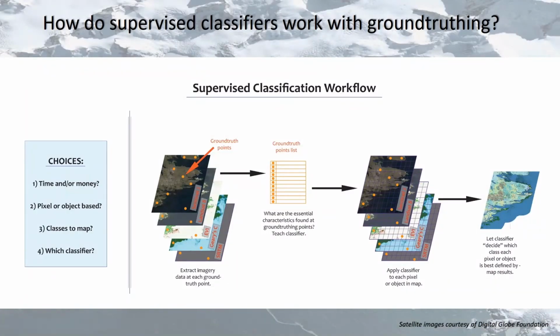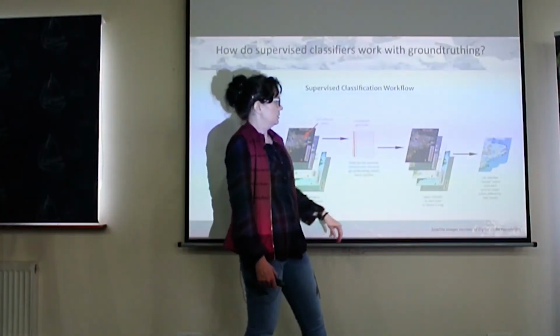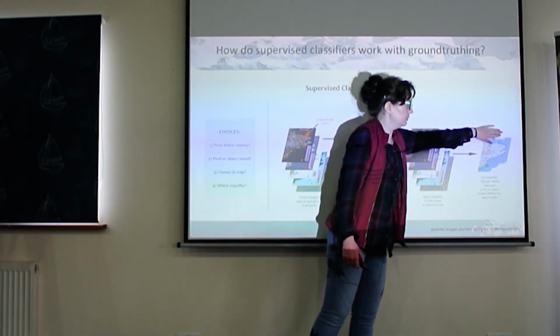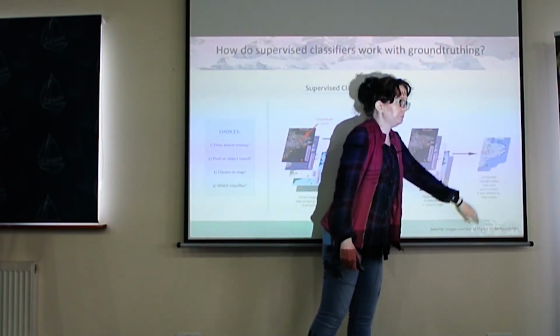And the classifier is making the decision of whether you're going to call each point grass, water, or whatever. That way it's automating the process of figuring out all these other points outside of the ground truth that you know, to get from image over here to estimated land cover type.